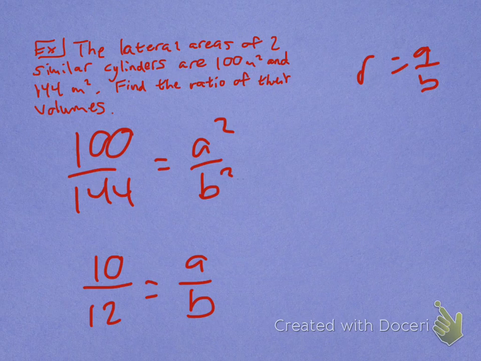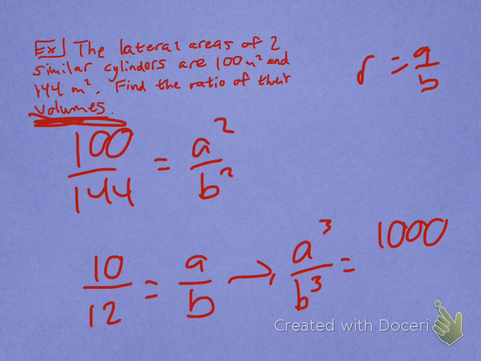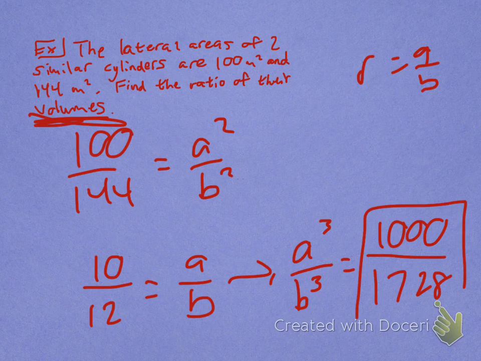But if I want to find the ratio of the volumes here, I then need to cube it. So I'm going to get a cubed over b cubed, which equals 1,000 over, I forgot to do this calculation beforehand, which would have been helpful, 12 times 12 times 12, 1,728. And that would be the ratio. Now, of course, on a test, you'd have to simplify that.